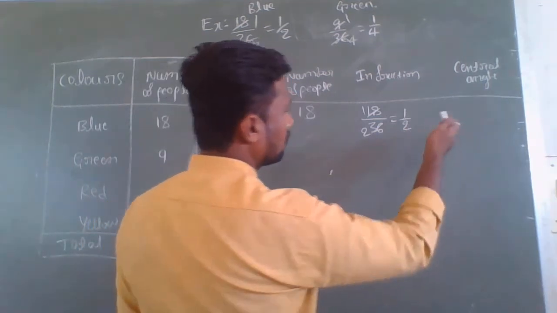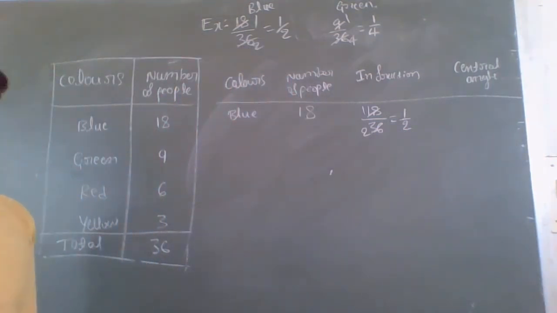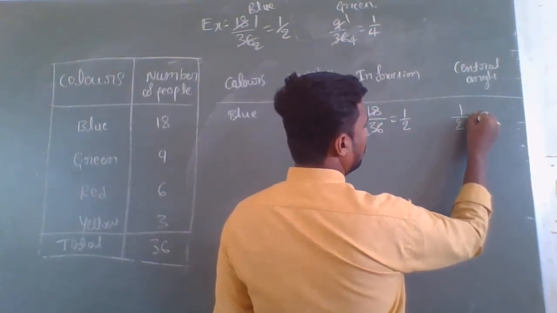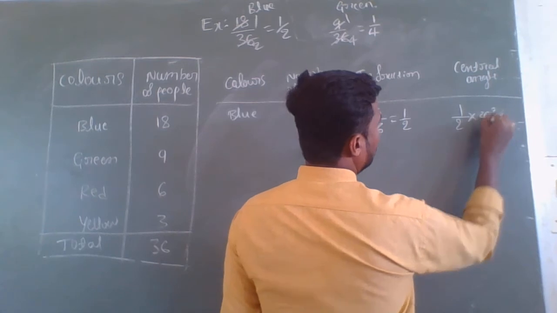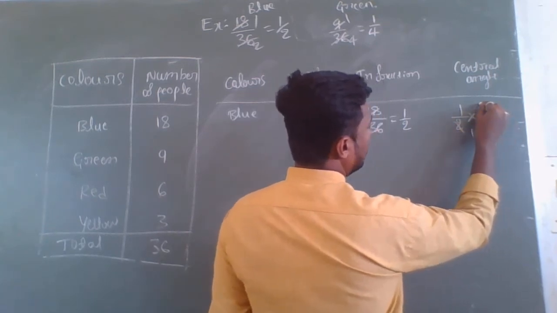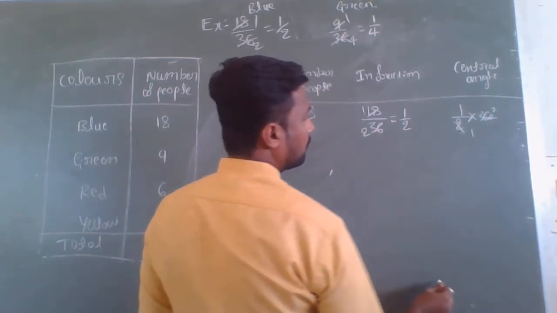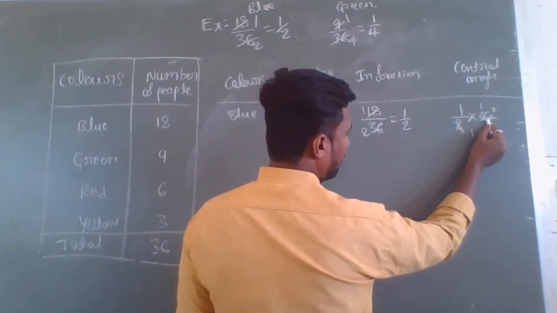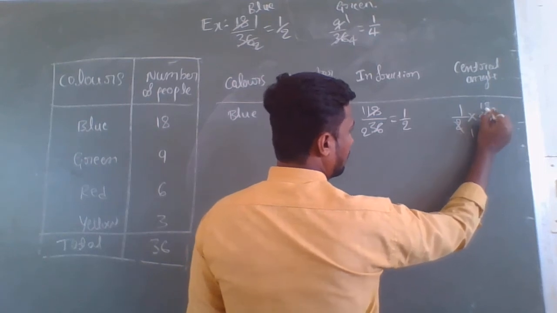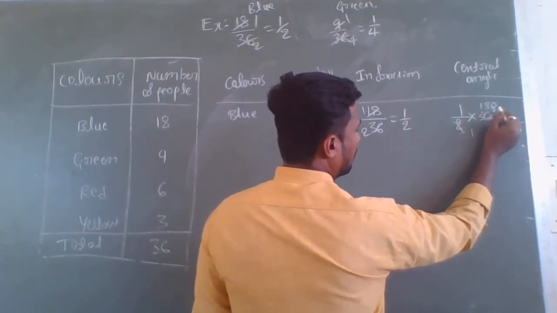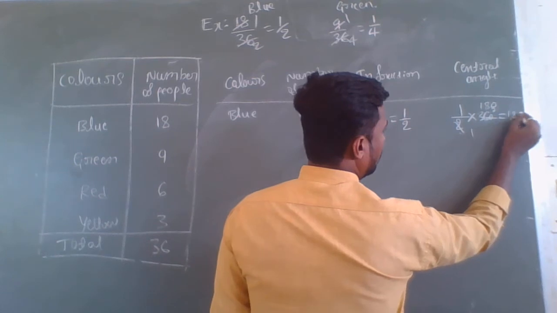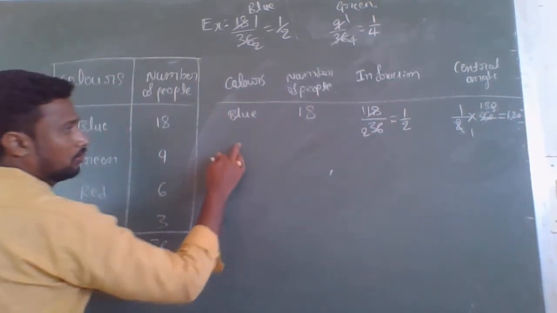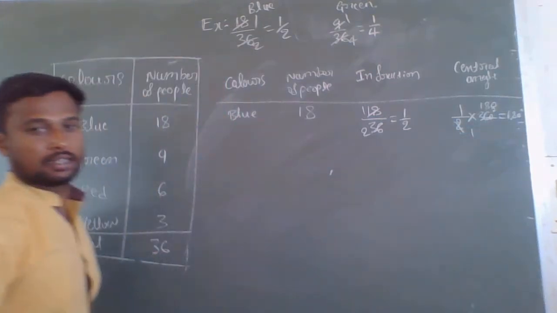By using this you have to calculate the corresponding angle or central angle. We consider 1 by 2 into 360 degrees, meaning 360 by 2. 2 on the 3 is 1, 1 is remaining, it becomes 16, 2 eights are 16, and the remainder is 0. Therefore what you got is 180 degrees. The corresponding angle or central angle of blue is 180 degrees.